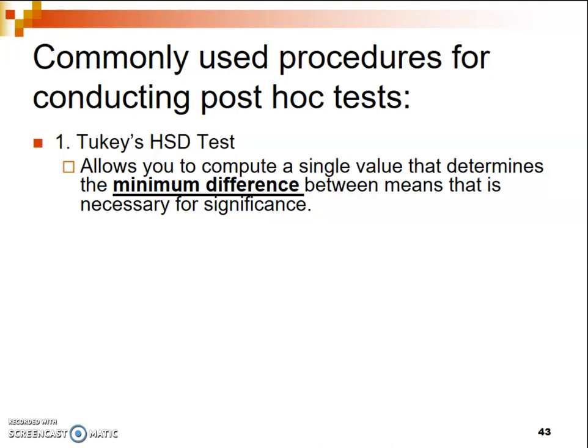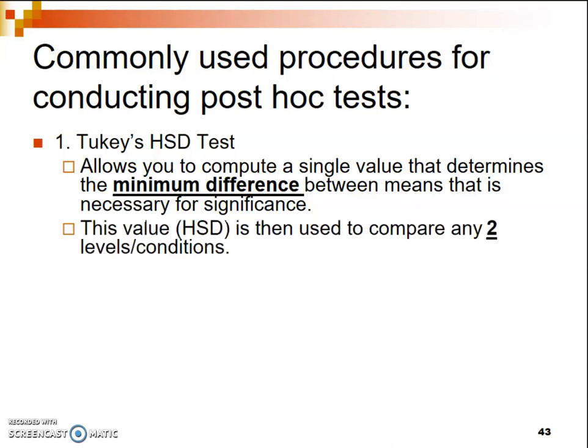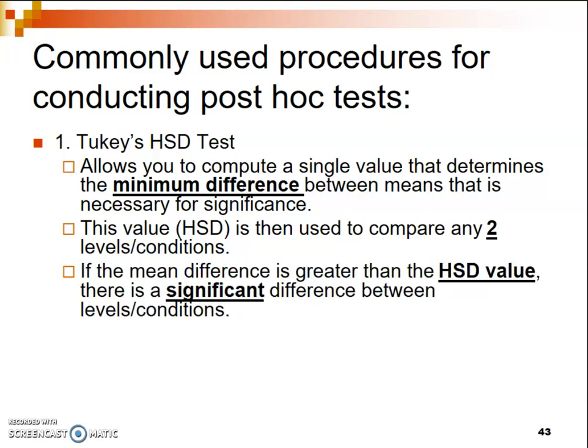So the HSD test will have us calculate this HSD value, and then it will have us compare 2 means to each other to see if the difference between those 2 means is bigger or smaller than the HSD value. So if the difference between our 2 means is actually bigger than the HSD value, then we would say that those 2 means are significantly different.